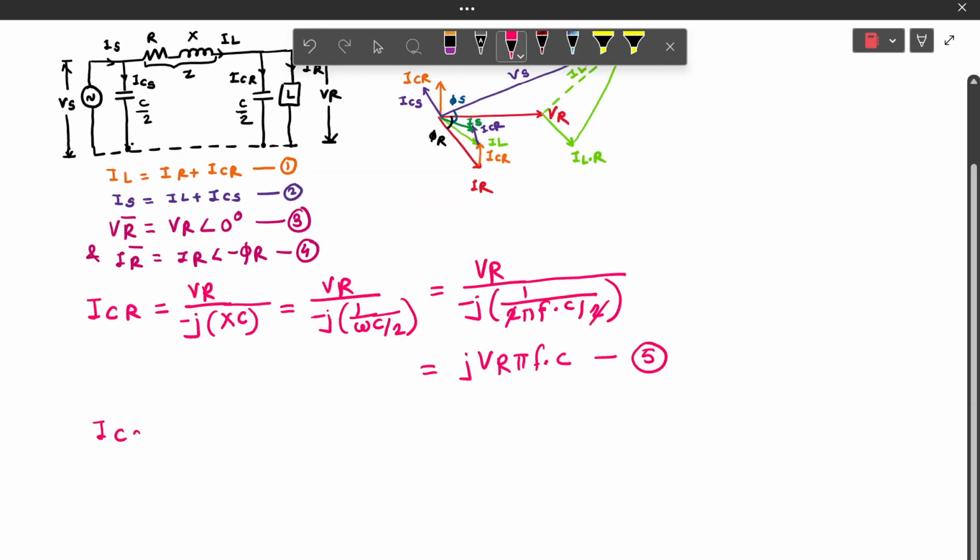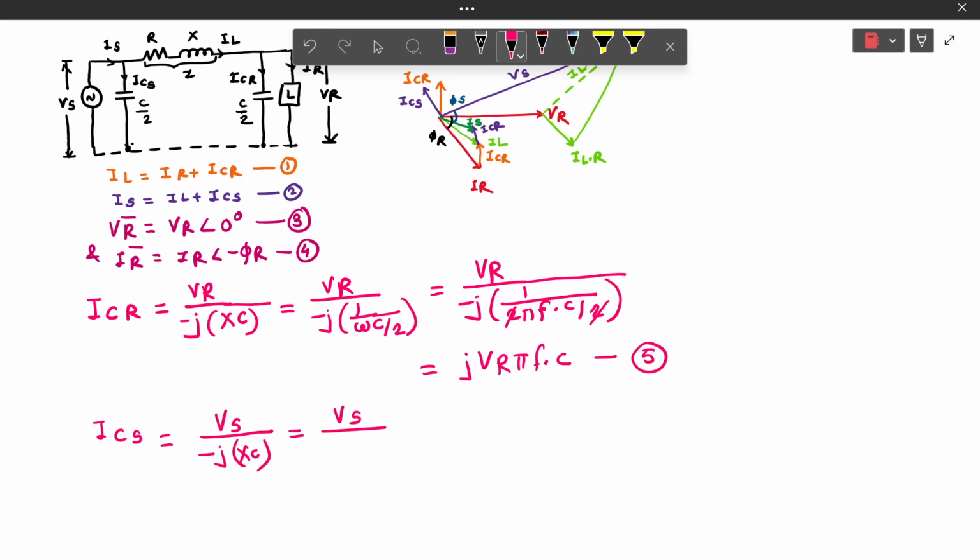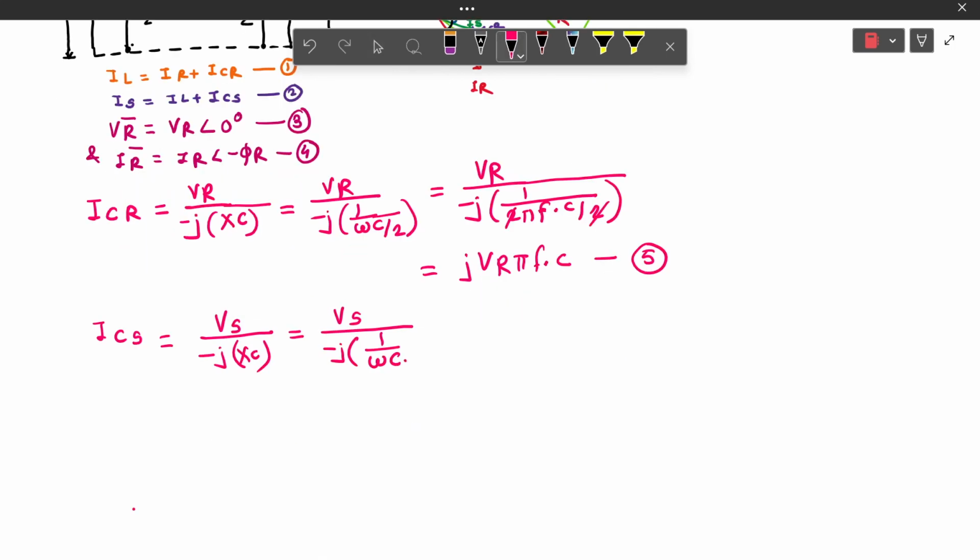Now, similarly we can calculate ICS as voltage across it is Vs upon minus j into Xc. Here it becomes Vs upon minus j 1 upon omega c by 2. It becomes Vs upon minus j, omega is 1 upon 2 pi f into c by 2.